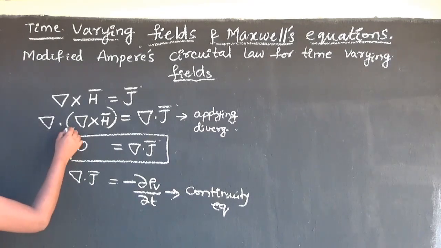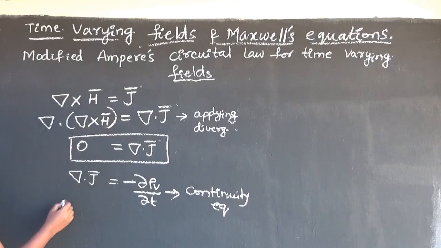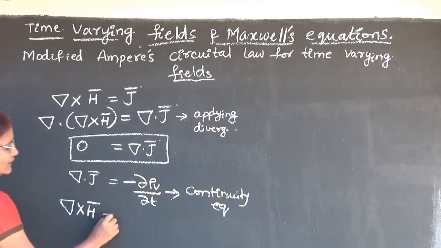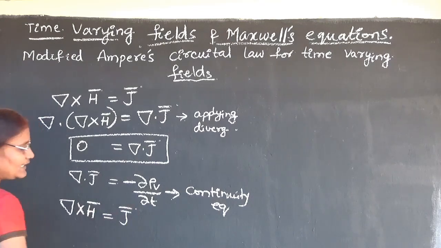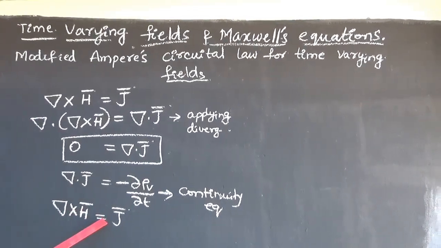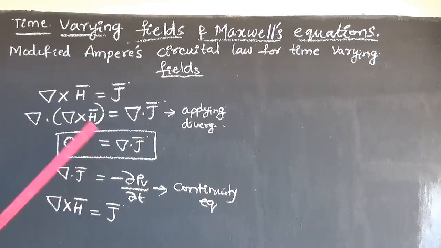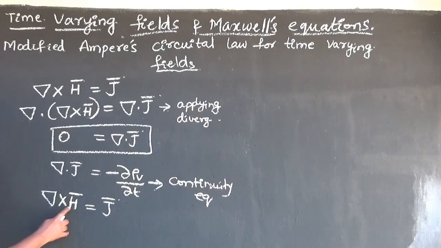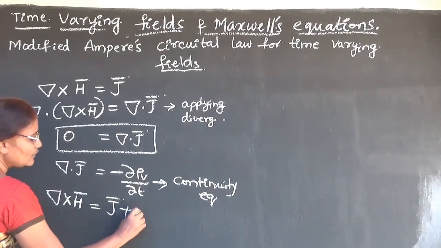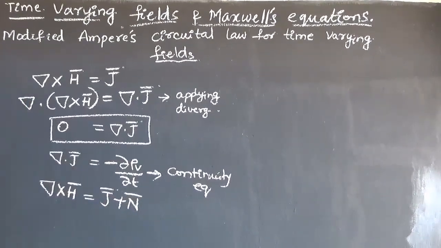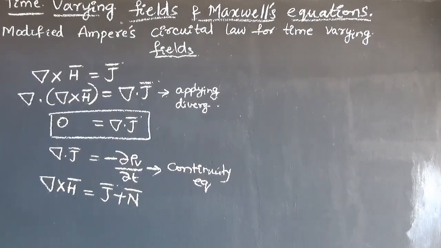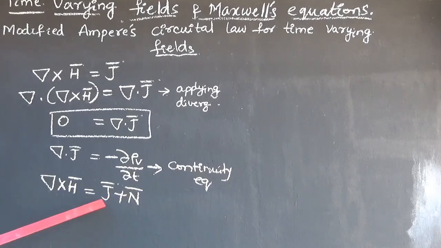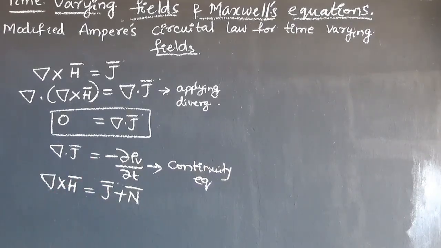So del cross H bar is equal to J bar, which I have applied for steady magnetic fields. To deal with varying magnetic fields, I have to add another quantity which is called N bar. We don't know what N bar is yet, but we will get it by solving this equation.